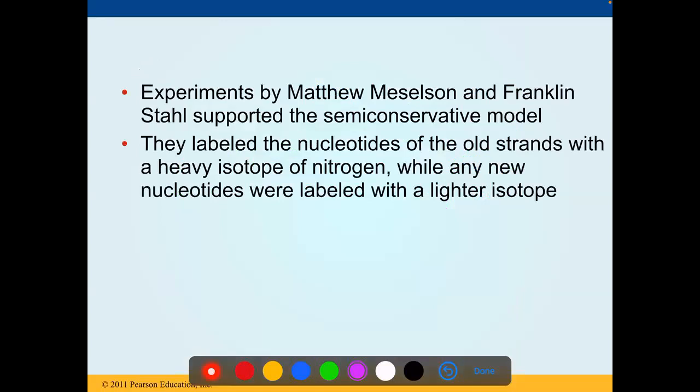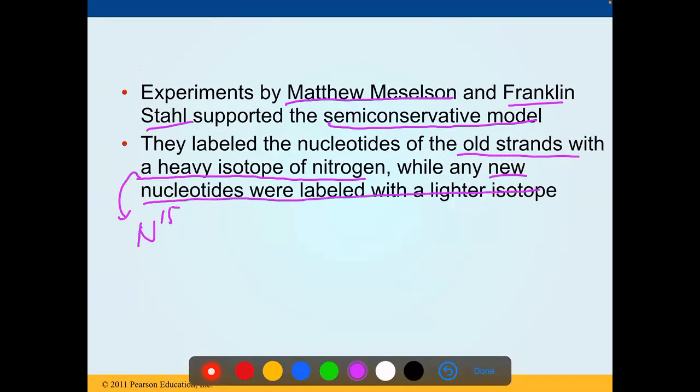So Matthew Meselson and Franklin Stahl came up with the idea that all the strands were labeled with a heavy nitrogen, that is N15, and the new nucleotides were labeled with a lighter isotope, that is N14.